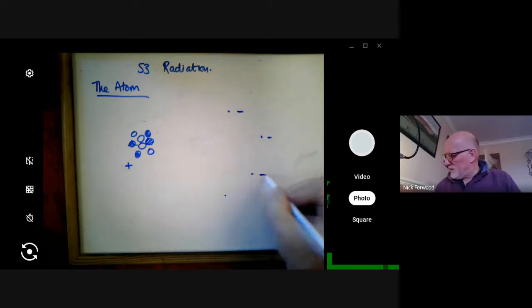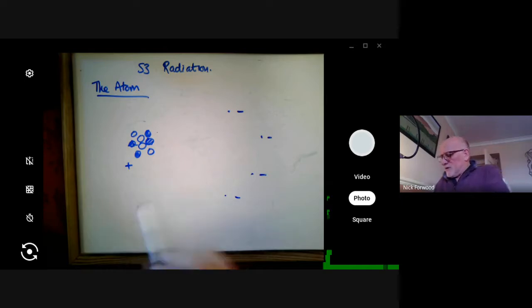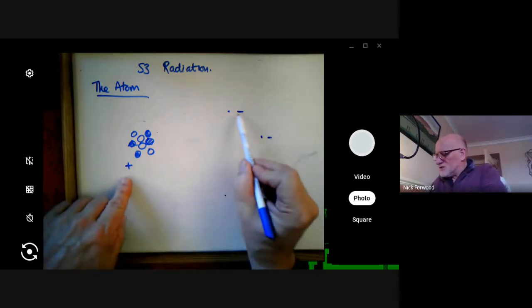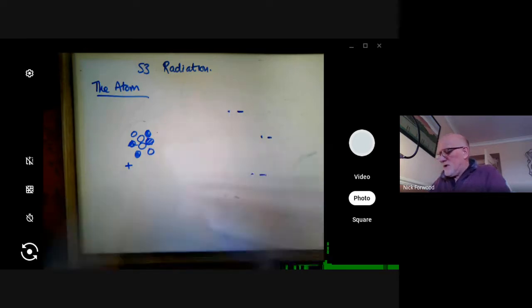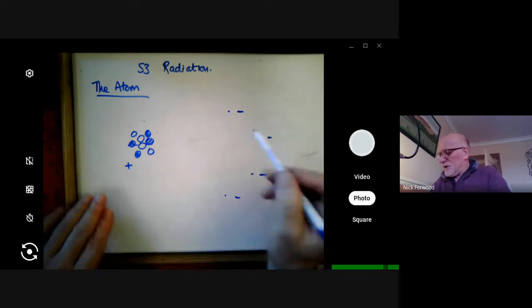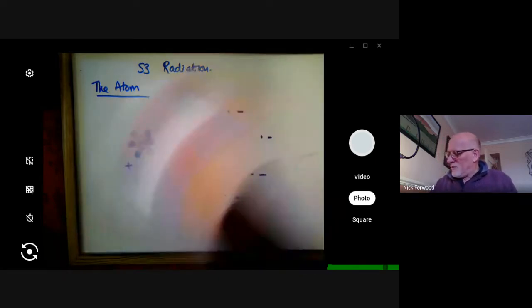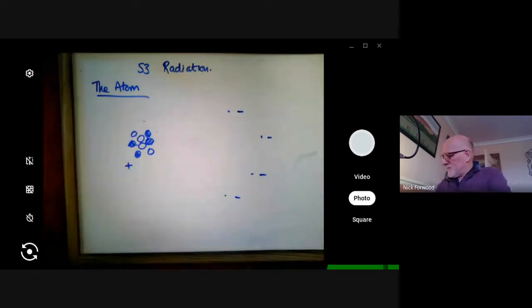Now normally you'd say, oh look, this positive and this negative, they attract each other, and the electrons ought to get pulled into the middle. But just like our solar system, they don't get pulled into the middle because they're orbiting round and round and round.